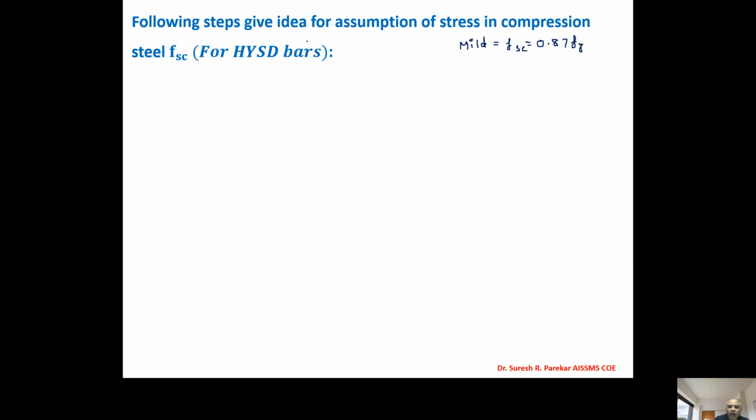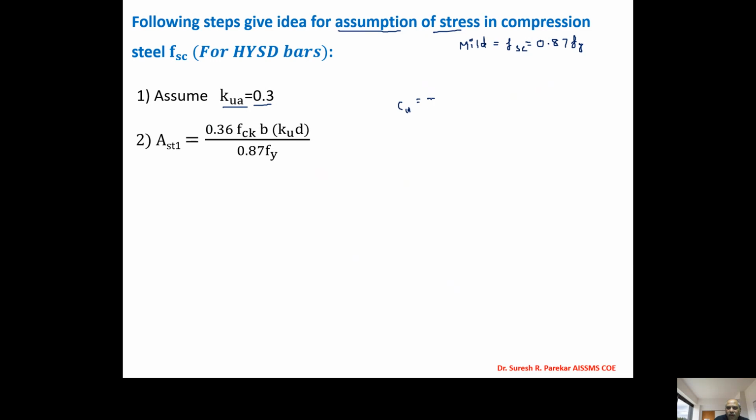Now here we have to assume some value, and to assume this value we have to follow the following steps. First we have to assume Ku assumed, we will always take 0.3. AST1, because we know, if you remember, we have Cu equal to Tu, and Cu we have 0.36 FCK XU into B, and Tu we have 0.87 FY AST.